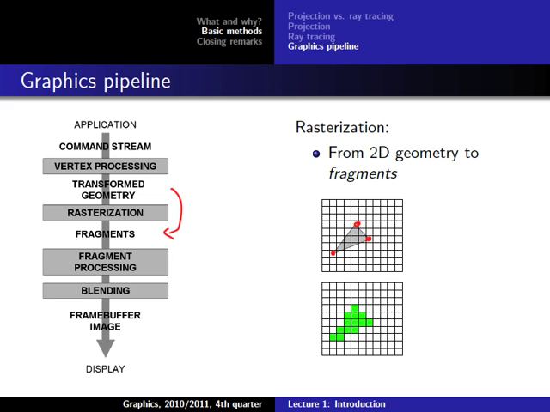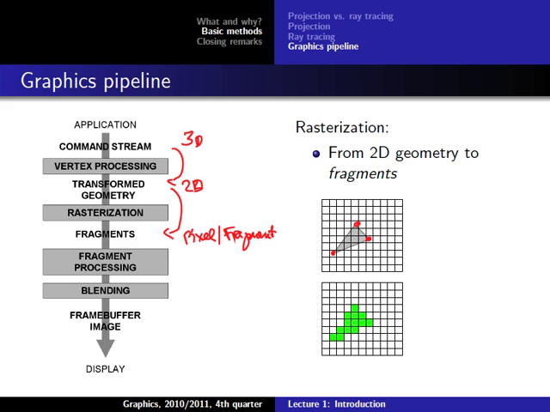So the rasterization, so this is the step from 3D to 2D, and this is the step from 2D then to pixels or fragments. So the term fragments is usually used here.